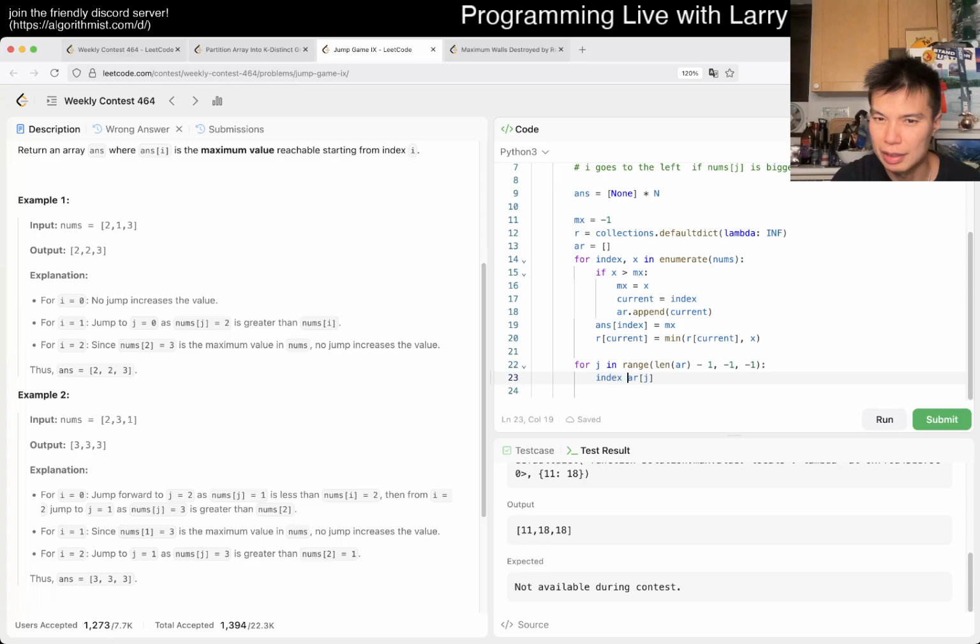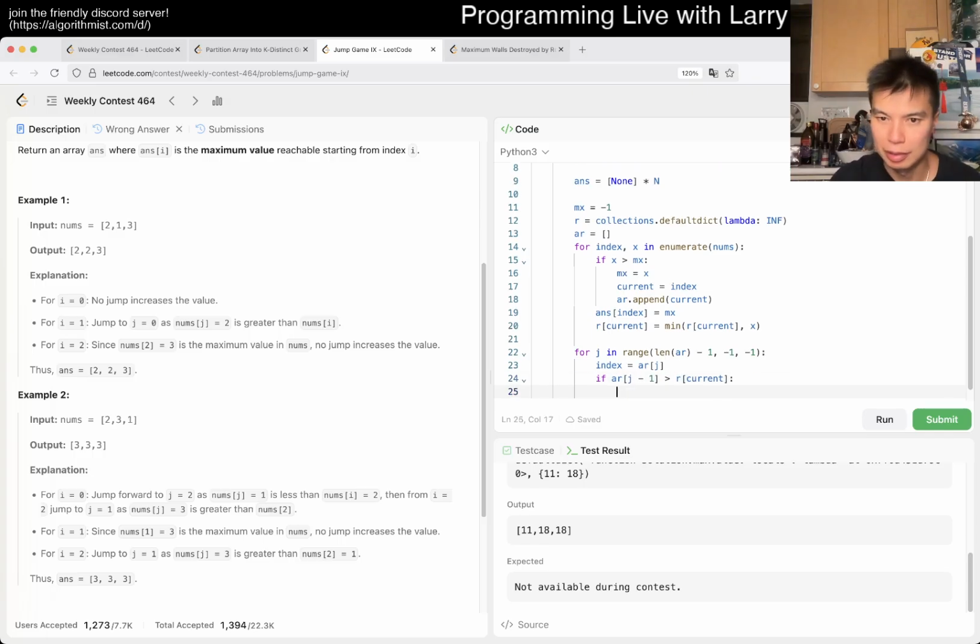So let's just call it index is equal to this, and all of this is the smallest number. So if this smallest number is smaller than the biggest number in the next region, so I have to do this backwards actually, j minus 1, then if this is the case, then we just merge, right?